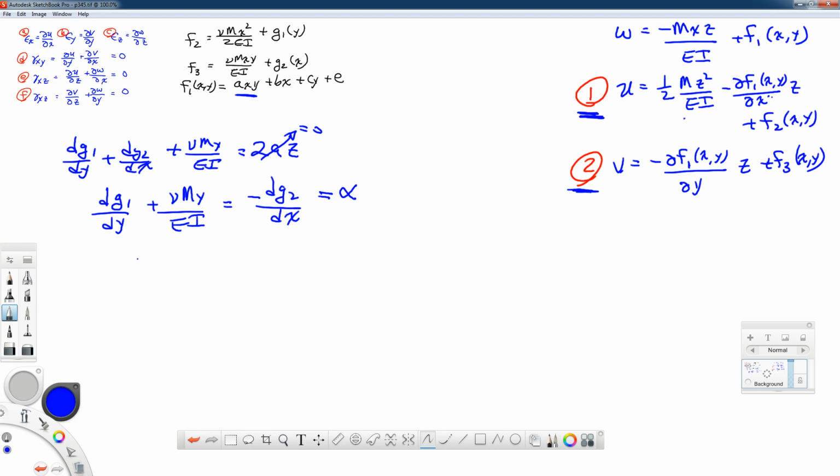Okay, so if dg2 by dx is equal to minus alpha, and we integrate that, now this is a straight derivative, then the function for g2 is going to be equal to minus alpha x plus another constant of integration, beta.